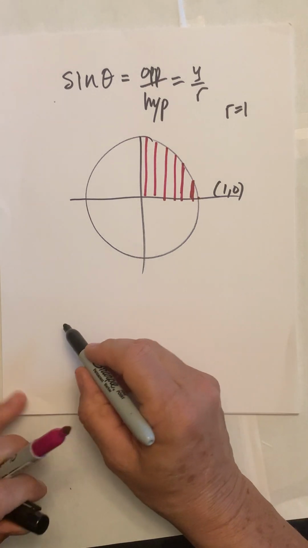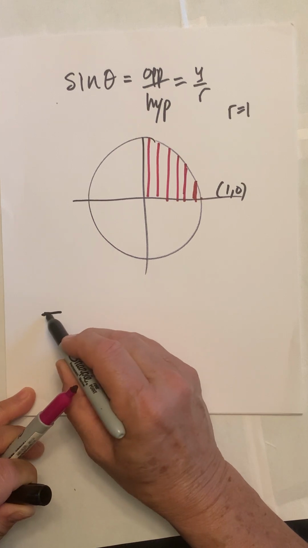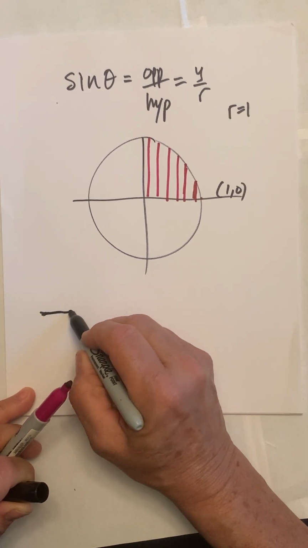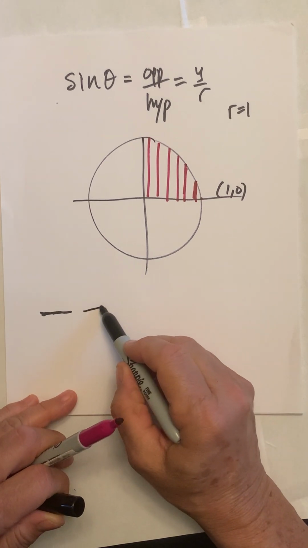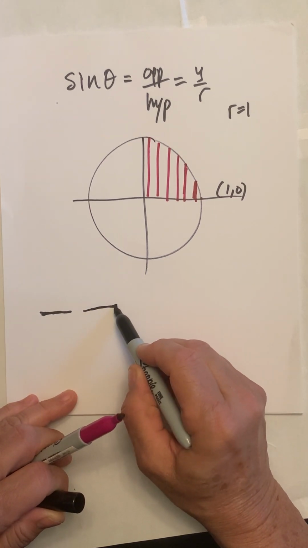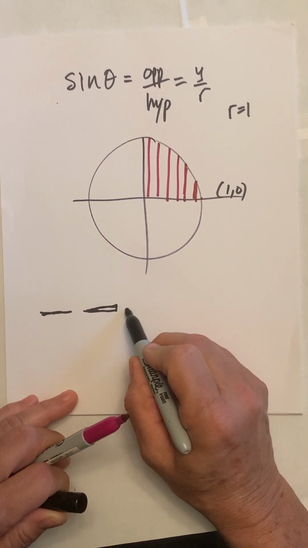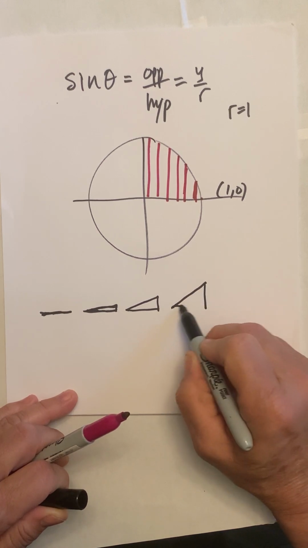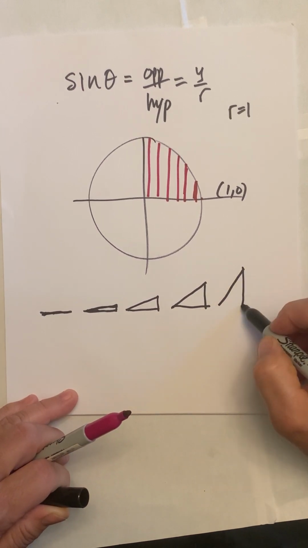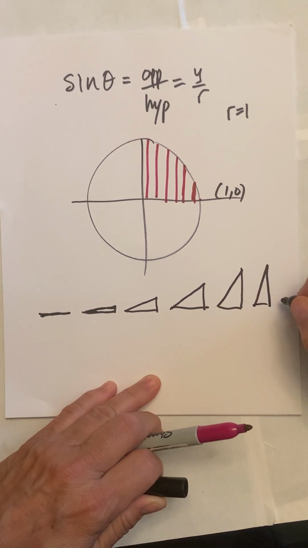You start out with a right triangle that basically has no y, and then it gains a little bit more length in the opposite side, a little bit more, and a little bit more, until finally it's a lot of y.